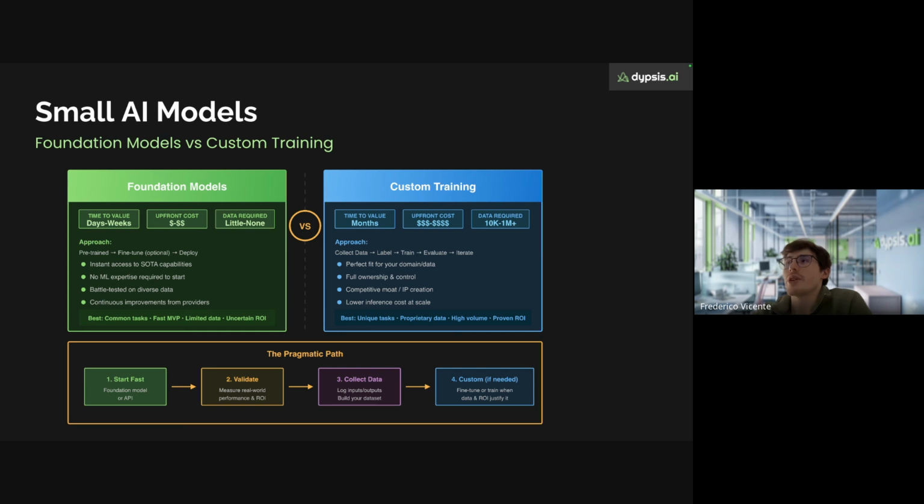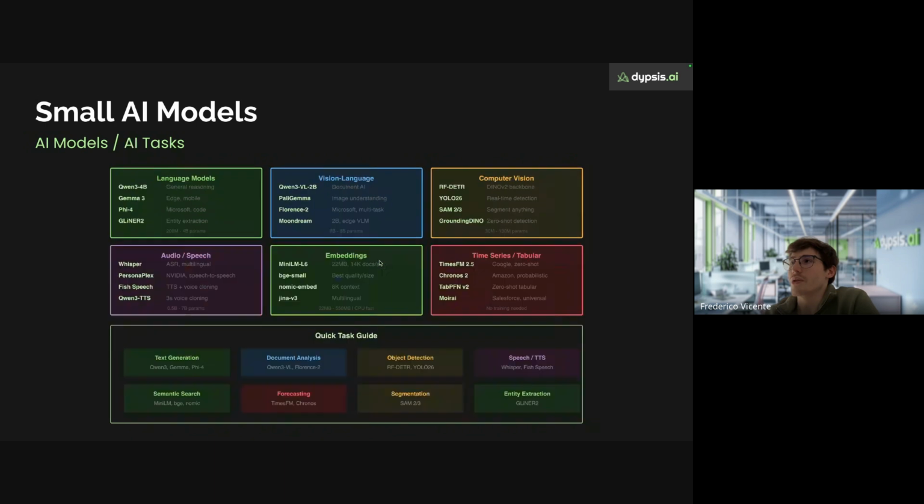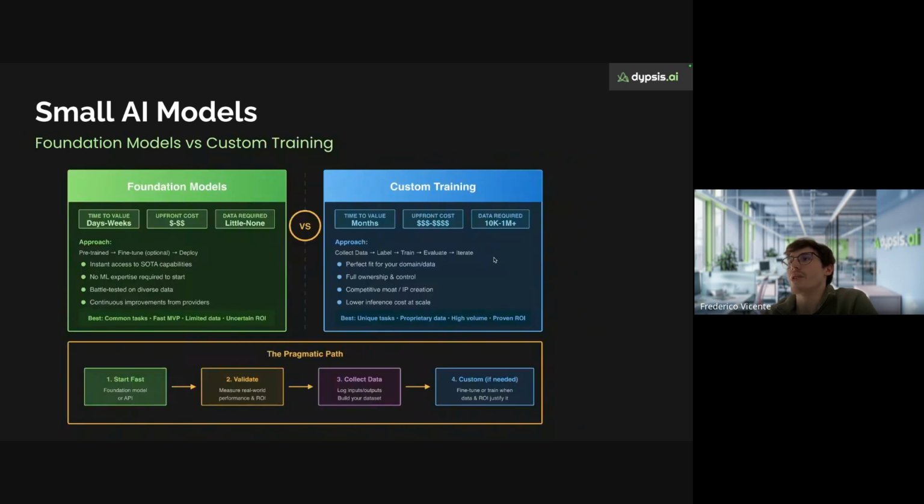But to start, and to understand the real ROI of some processes, I think it's a good strategy to start with these foundation models, either using an LLM API, for example, or even these smaller foundation models on very specific tasks. For instance, nowadays, going backwards to tabular data, there are already some foundation models like TimesFM 2.5 for time series forecasting.